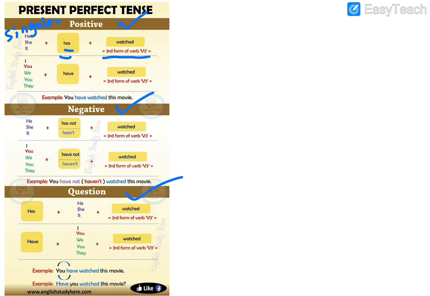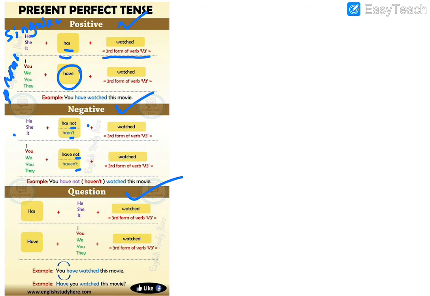For plural, I, you, we, they, we use have plus third form of verb. And the same goes to negative. You only add not.